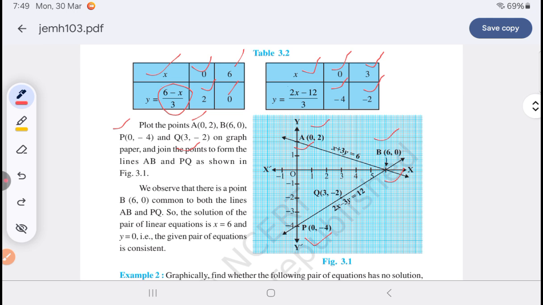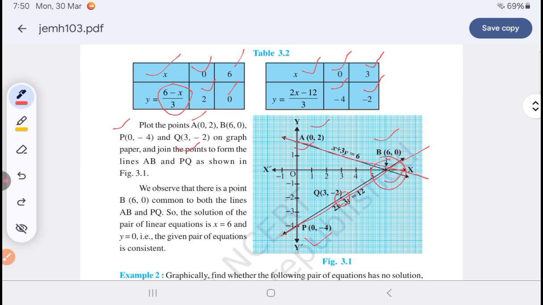X is 3, so this point. Then you draw the line connecting these points, and connecting these points, you will get this point. So that is a solution.